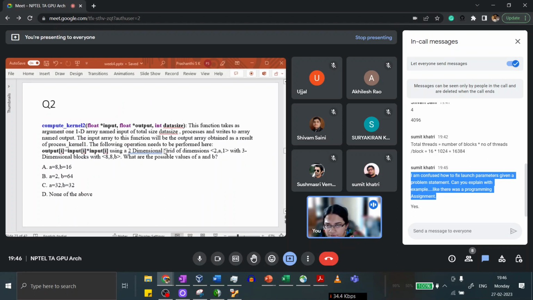And the following operation needs to be performed here: output of I equal to input of I multiplied by input of I, and the launch parameters are given to you like this: 2 comma a comma 1, 8 comma 8 comma b. So you are expected to find a and b here.